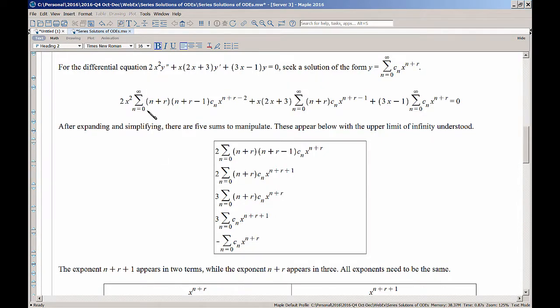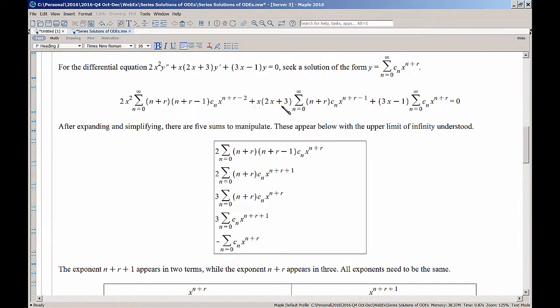So when you clean this up, you find this x squared will come in here, and this 2 will go away, and you'll have an n plus r term. And here you will have two terms because it is a binomial out front. This is an x squared, so this will go to n plus r plus 1. That's this term.